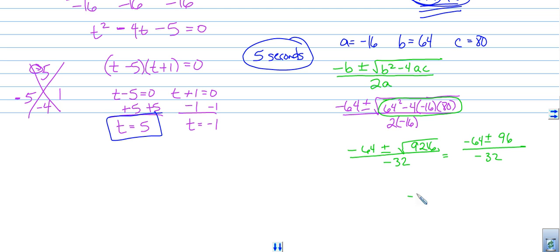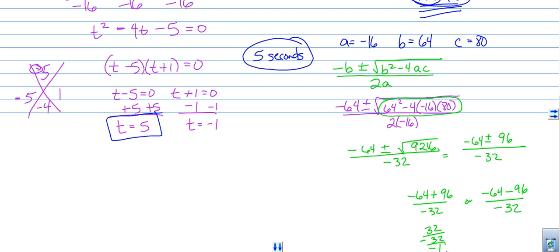So now you're going to break this up into -64 plus 96 over -32, or -64 minus 96 over -32. Okay? So then -64 and 96 should give you 32 over -32, which is -1.